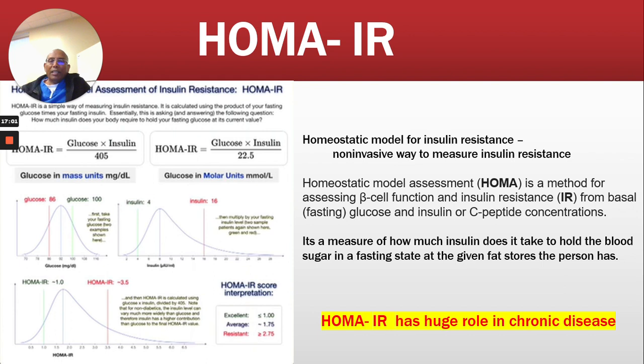It's a non-invasive way of assessing beta cell function and insulin resistance from basal fasting glucose and insulin. It's a measure of how much insulin it takes to hold the blood sugars in a fasting state at a given fat store of the person. So HOMA-IR assessment has a huge role in the chronic disease process.